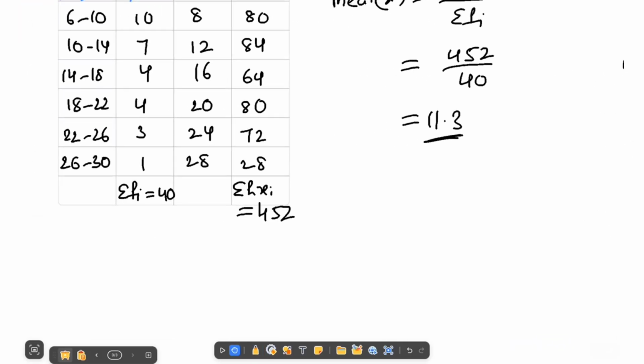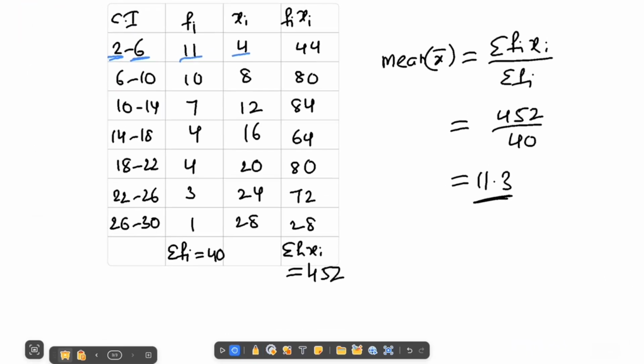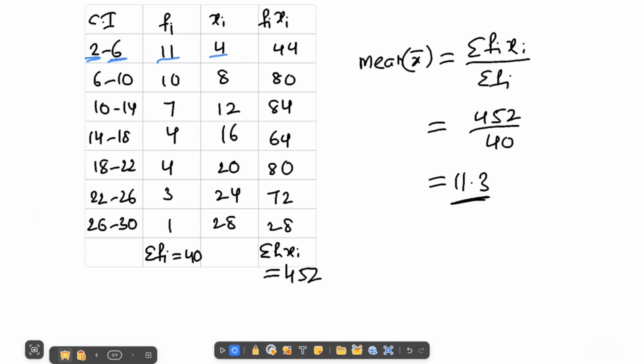Now we have to find the mode. To find the mode, we have to identify the modal class. A class with maximum frequency is the modal class. So this one is the modal class.